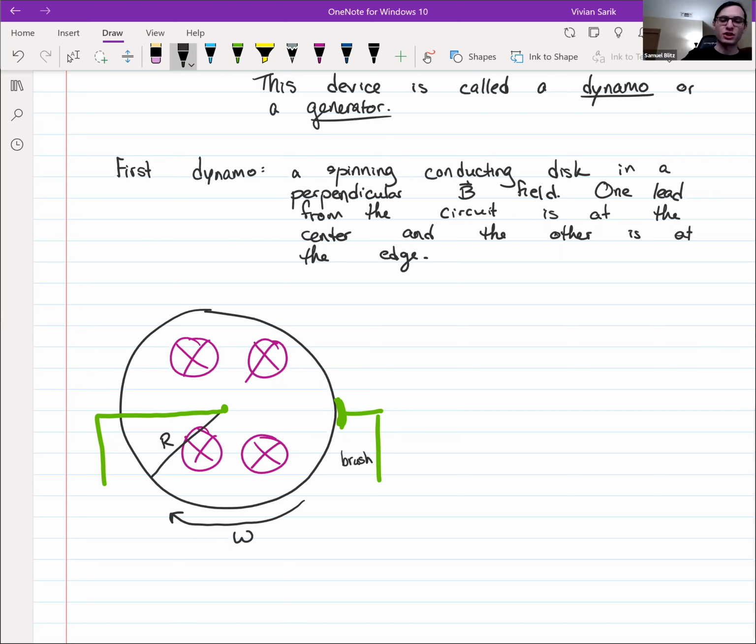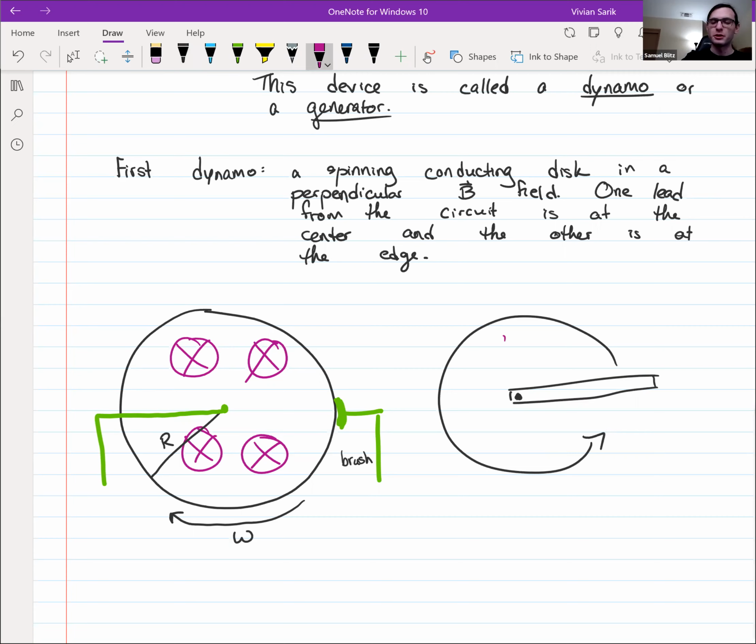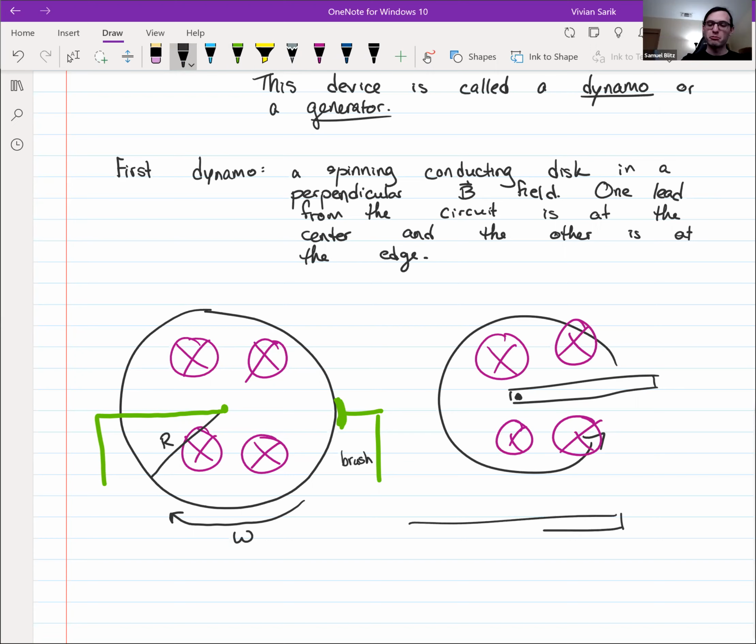First imagine, instead of a disk, you just had a rod that was rotating on an axis, going around, passing through a magnetic field. This would be the same as if you just had a rod moving vertically.